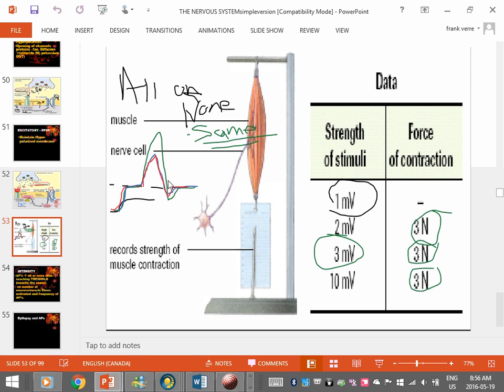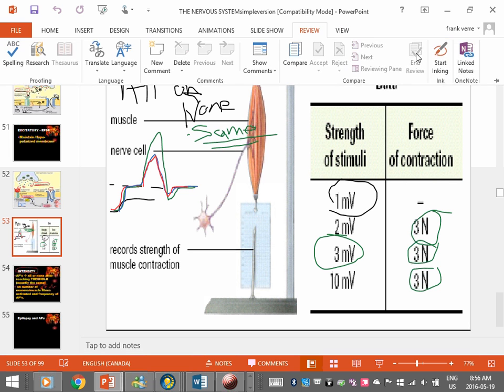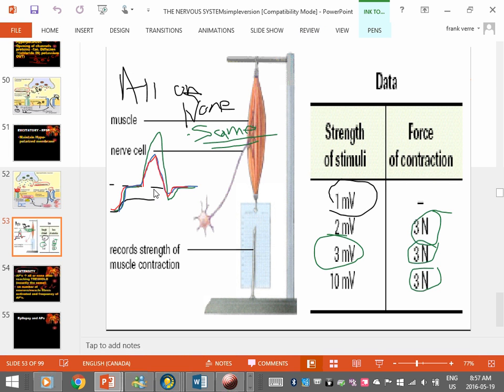That changes the voltage because those are positive ions moving in and out of a cell. Now, if we were to measure the height of the action potential for 2 millivolts, this is the height. It's from here to here. What if we were to measure the height of the action potential for 10 millivolts?